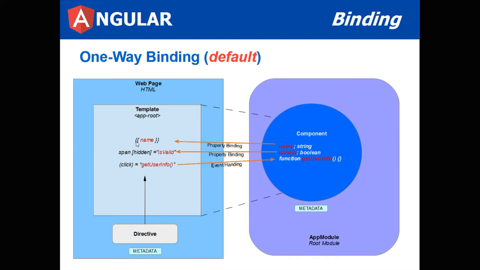For example, the double curly bracket name says whatever the value in the component is, dynamically render it on the template. That's the same for isValid; the property binding goes from right to left in these two scenarios. The span is hidden based on the isValid Boolean value in the component.